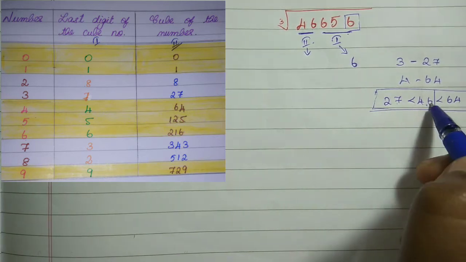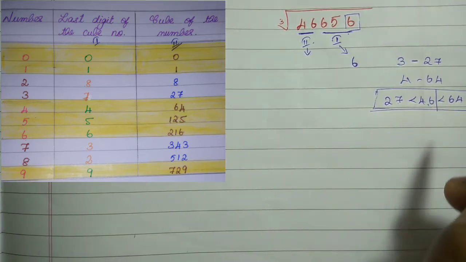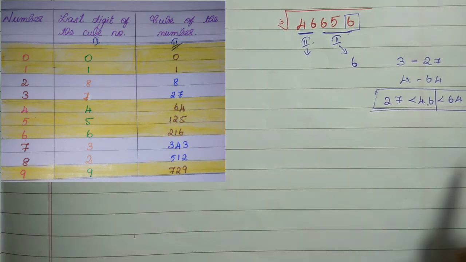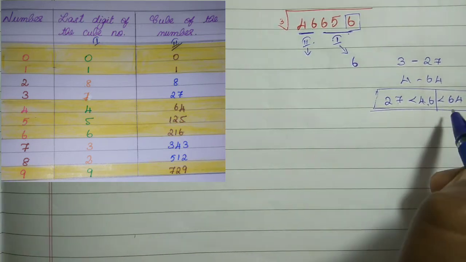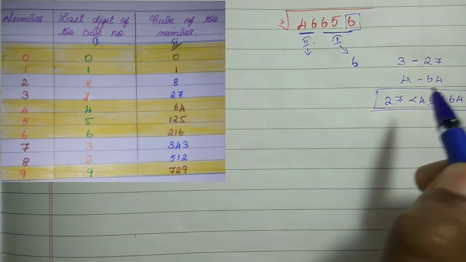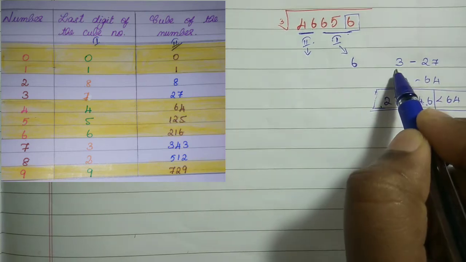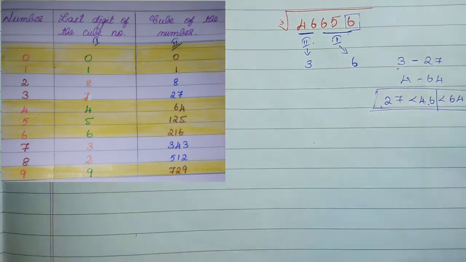Why? Because 46 is greater than 27. If 46 was greater than 64, I could take 64. If not, I have to take only 27. So since 27 is less than 46, I will be taking the cube root of 27, which is 3. So I will be taking 3 over here.